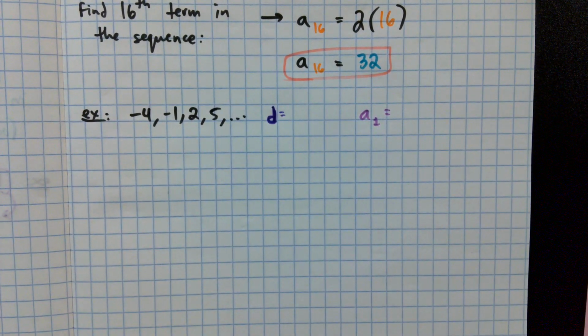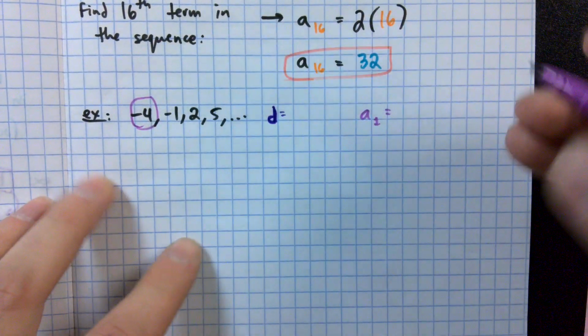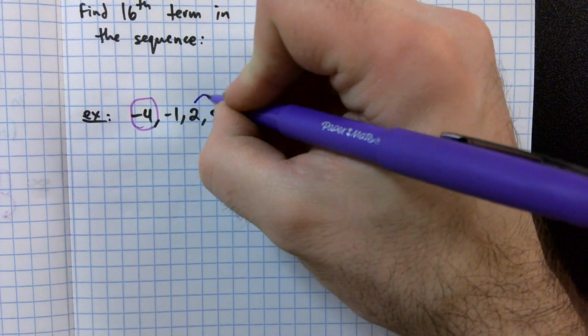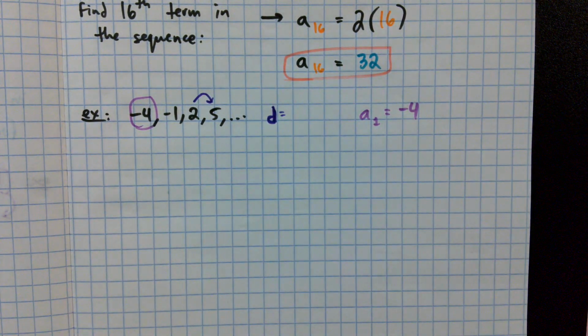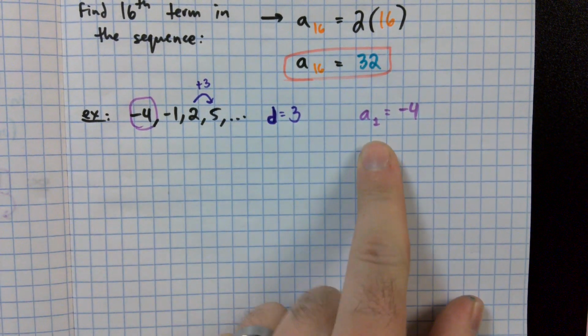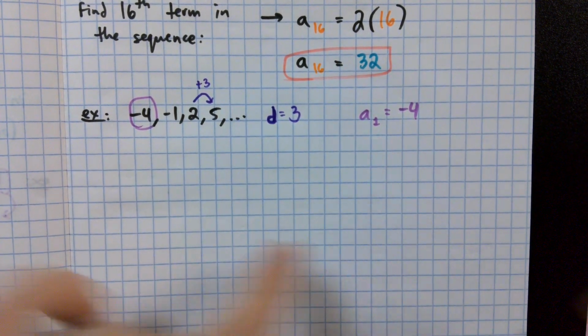Well, a sub 1 is the easy part. What's the first term in the sequence? -4. It's right there in the front. Don't overthink it. The difference from one term to the next here would be what? Plus 3. Everybody with me so far? Yeah. So the d is 3. The a sub 1 is -4.